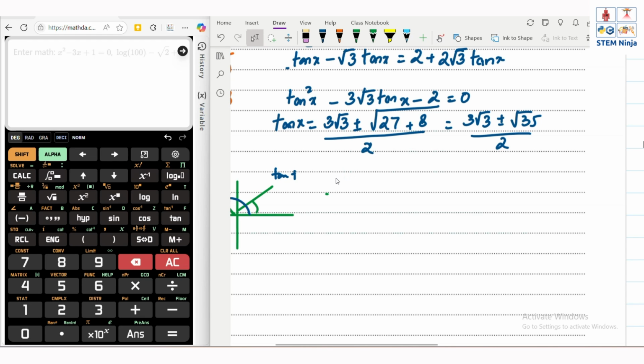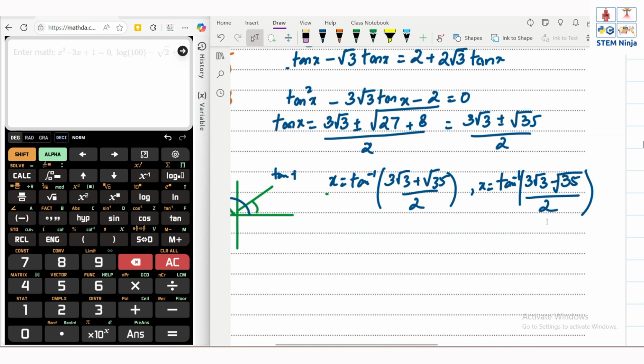So x is equal to tan inverse of (3 root 3 plus root 35) over 2, and then x is equal to tan inverse of (3 root 3 minus root 35) over 2.